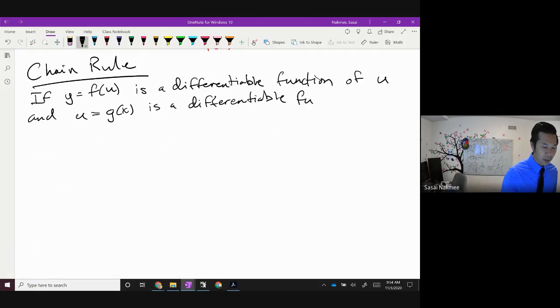This is the key thing. Both the inside function and the outside function need to be differentiable. Then y is equal to f of g of x is a differentiable function as well.